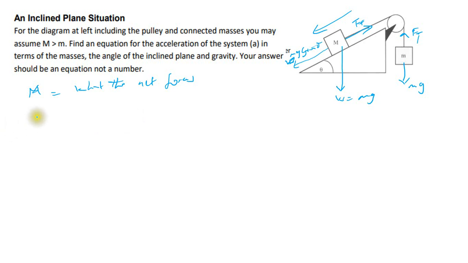So this tells us that our net force is equal to mg sine theta minus Ft, which is the tension force. This is equal to negative big M times the acceleration. The object is accelerating downwards like this, so it tells us that the acceleration is negative.